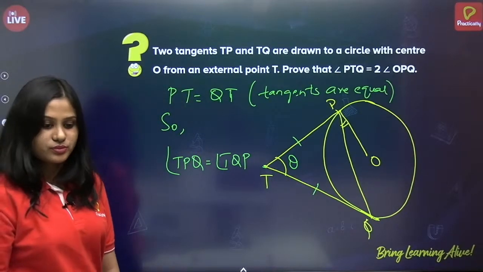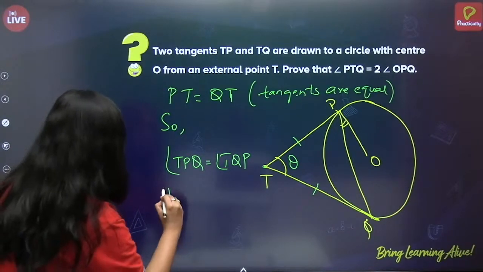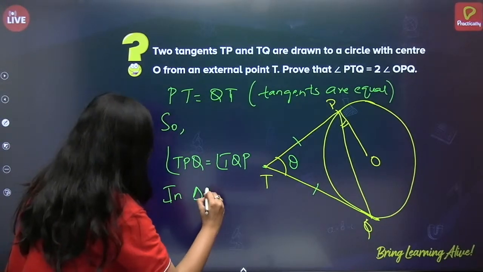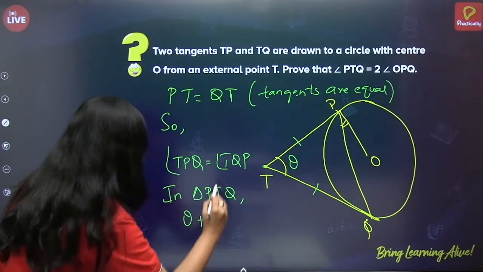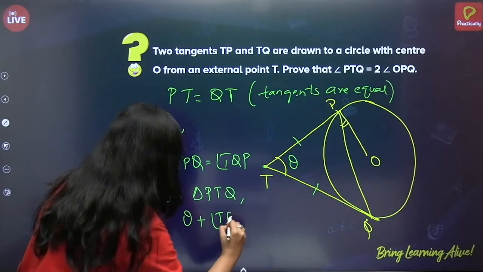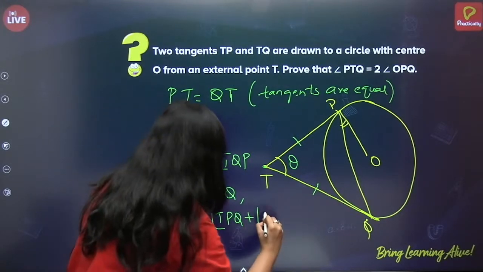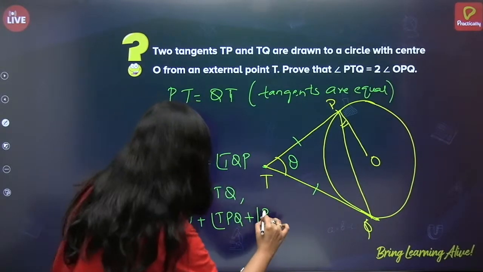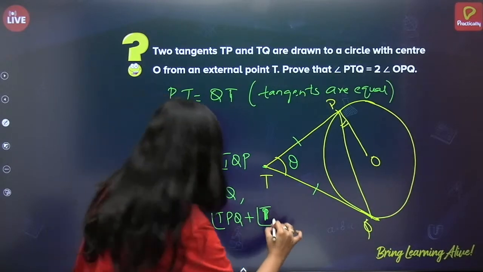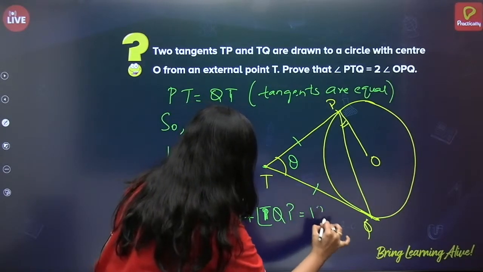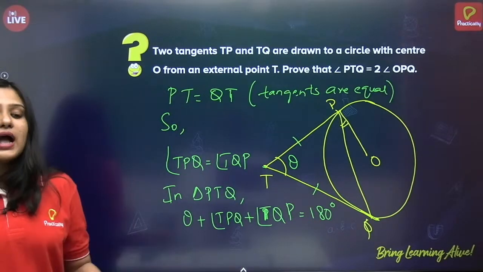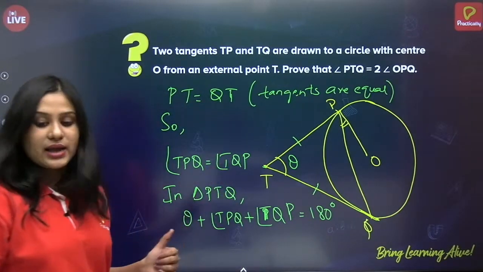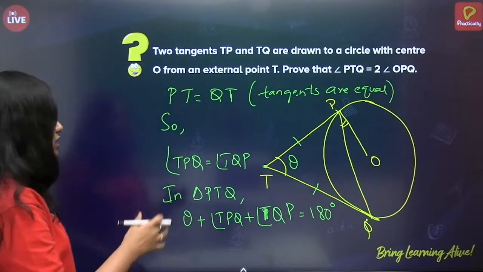Alright. Now, in triangle PTQ, theta plus angle TPQ plus angle TQP is equals to 180 degrees. Why is it 180 degrees? Sum of angles in a triangle is 180 degrees, correct?